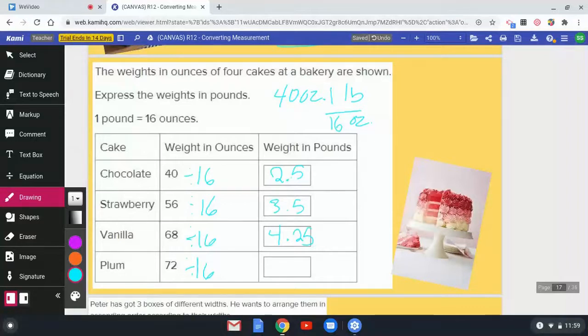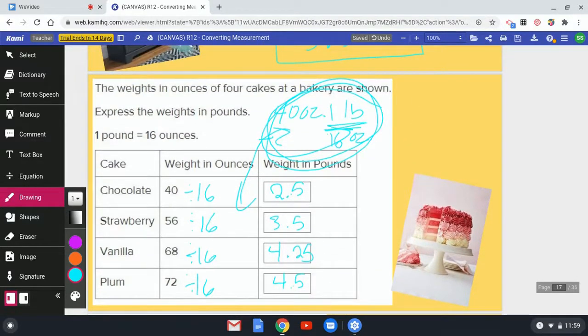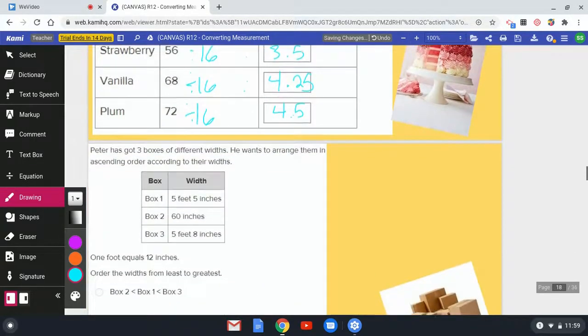And the last one, 4 and 5 tenths. Nice. Once we figure out what we're doing, we can apply that to all of them in the table. Then we don't have to do the work every single time. We knew with that first one we were going to divide by 16, so why not just do the same thing for all of them?